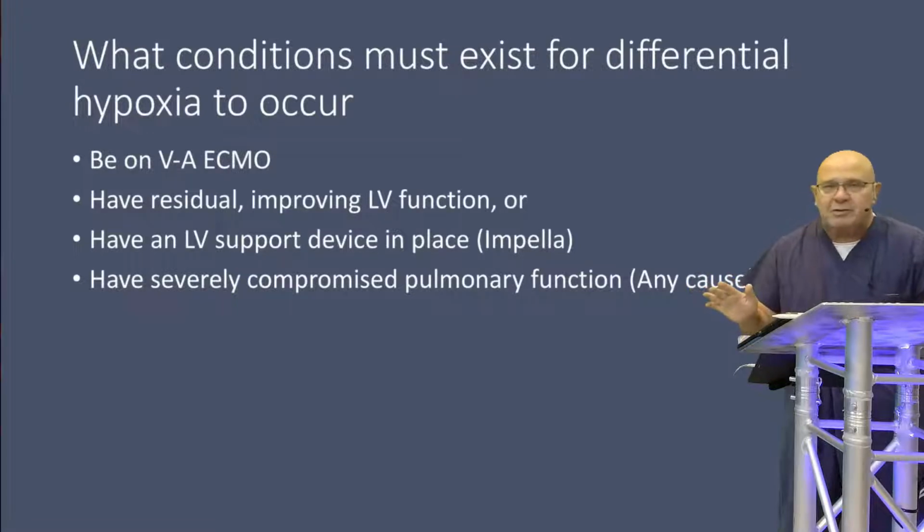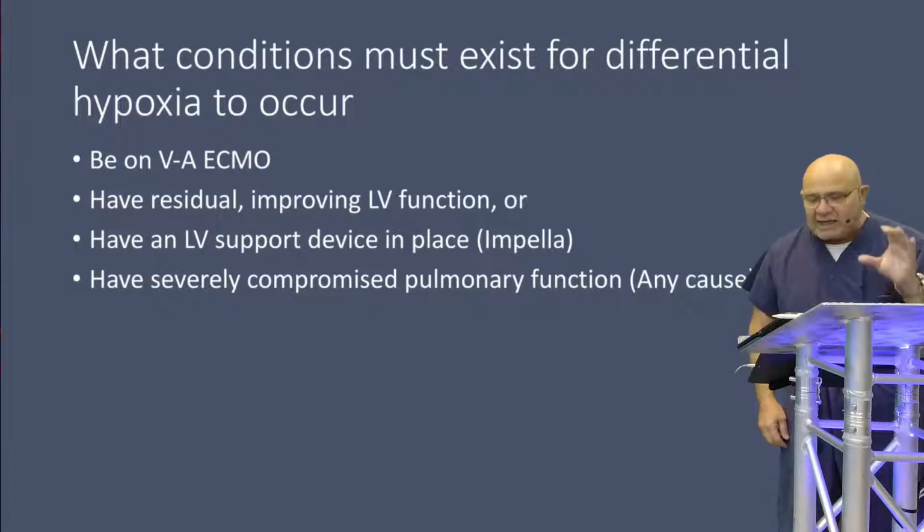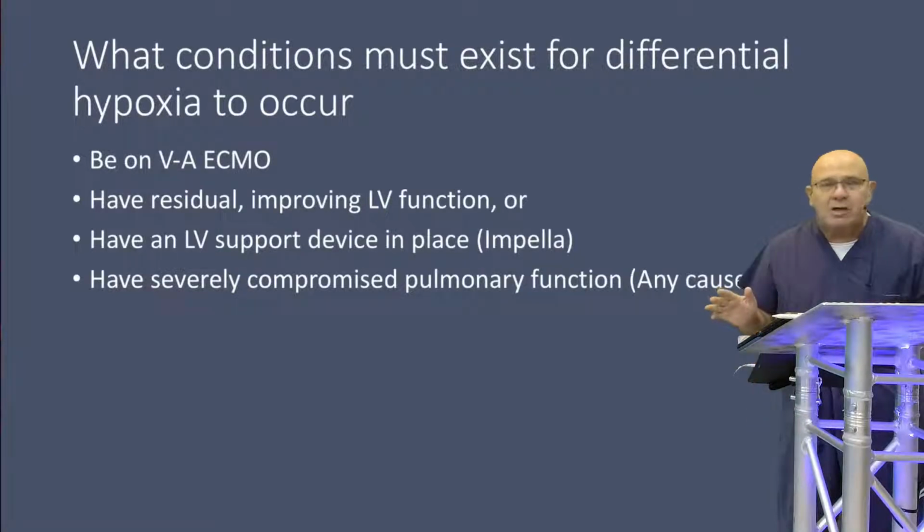Balloon pump won't do this. In this case, I don't think there's any other, possibly tandem, but really Impella is where this could actually occur. And three, have severely compromised pulmonary function of any cause. So it doesn't matter the cause of the pulmonary dysfunction. If you're not gas exchanging through the lungs, that's the important point here.